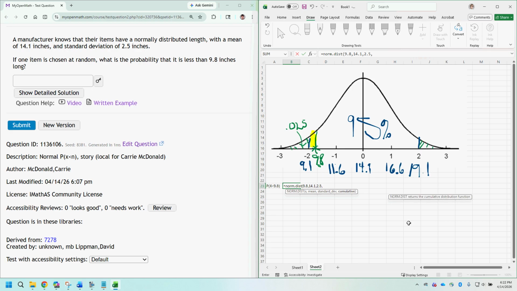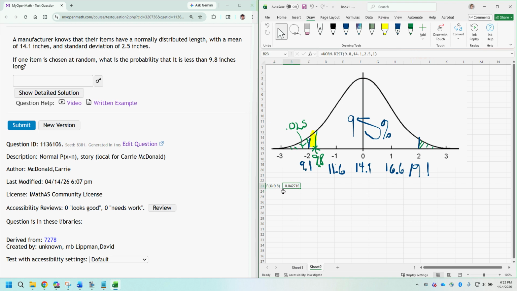And I'm always going to say cumulative when it comes to the normal distribution. You can either type in the word true, but in some apps that doesn't work. Putting in the number 1 is another way of indicating that you want it to be cumulative, or instead of saying true, you can just put a 1. So I'm going to do that.